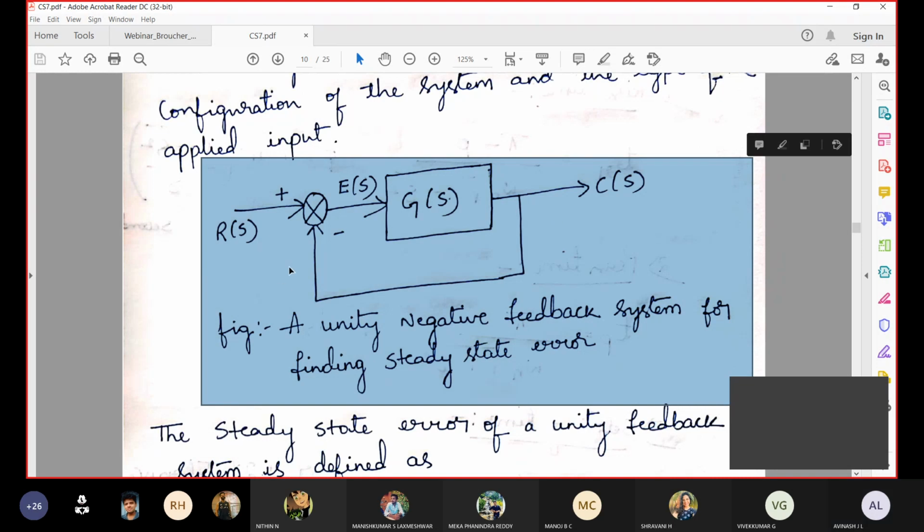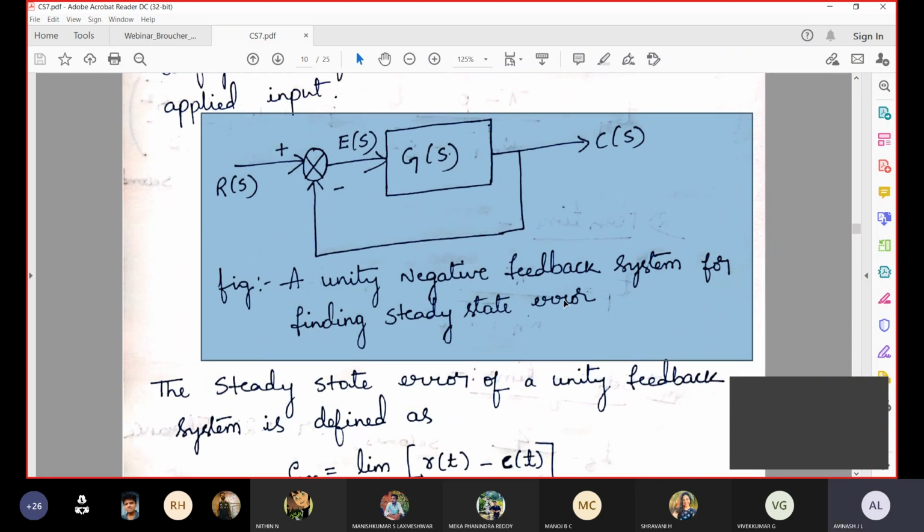So E of S equals R of S minus C of S. All of you have taken this diagram.